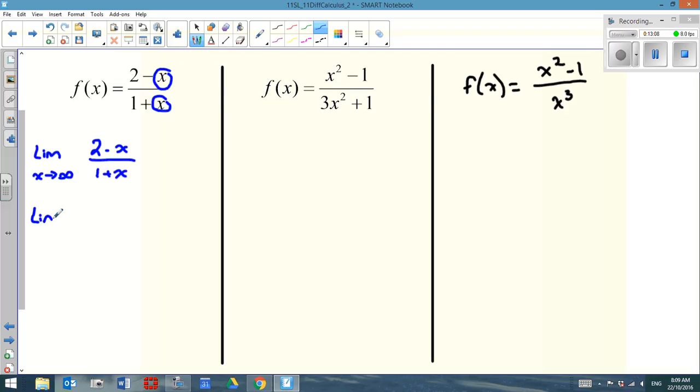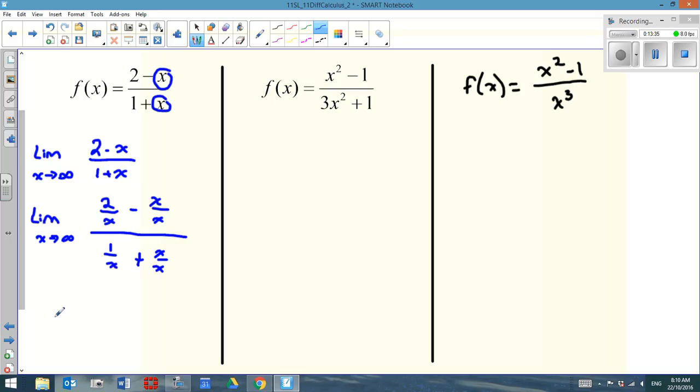I'm going to take the limit as x approaches infinity of (2 over x minus x over x) divided by (1 over x plus x over x). I've just taken that x term, because that is the highest degree, and I've divided all 4 terms in my problem by x.